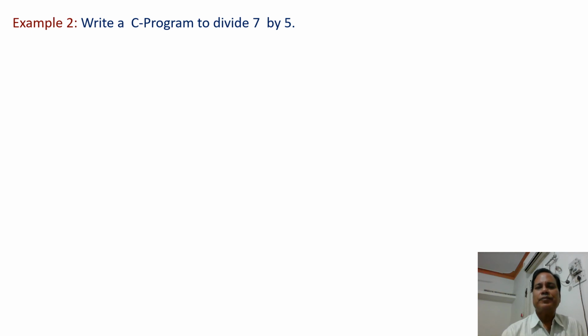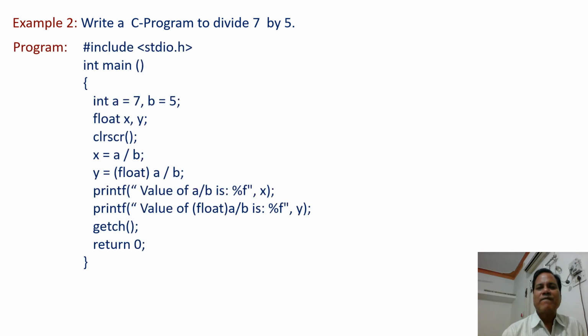Now let us see another example in which 7 is divided by 5. Using the type casting feature, here we write x equal to a slash b, and in the next statement we write y equal to, in brackets float, a slash b.